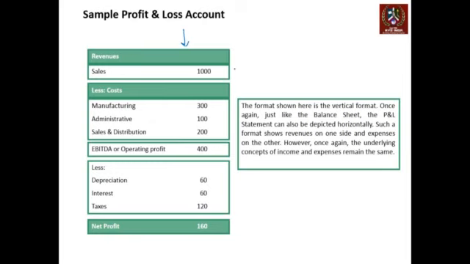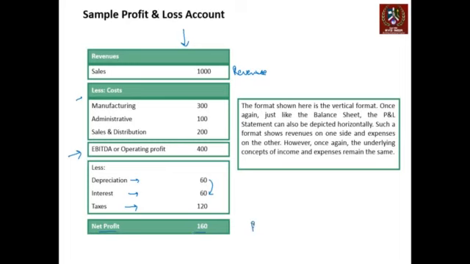You have sales or revenue, then you have costs coming in. You remove the costs, you come to operating profit, EBITDA, from which you remove depreciation, you remove interest, you remove taxes. Note taxes are on the income after you have removed depreciation and interest, and what you get at the bottom is the profit, which is the last line.